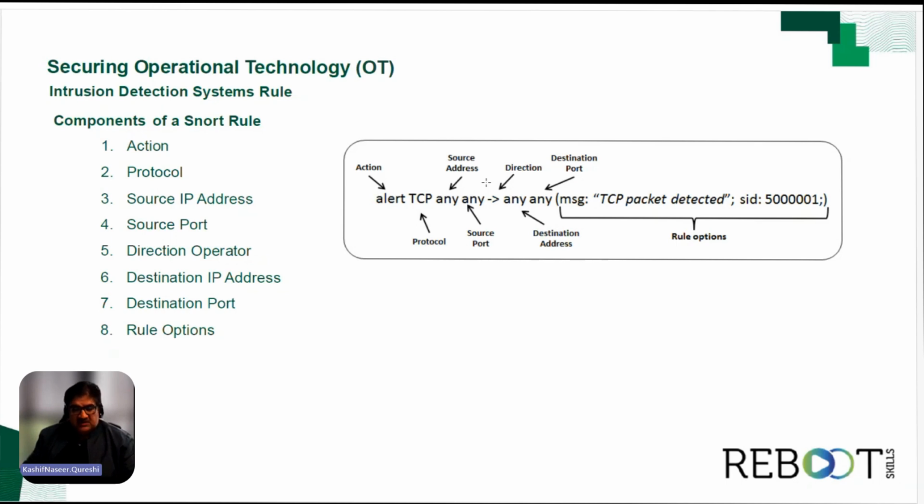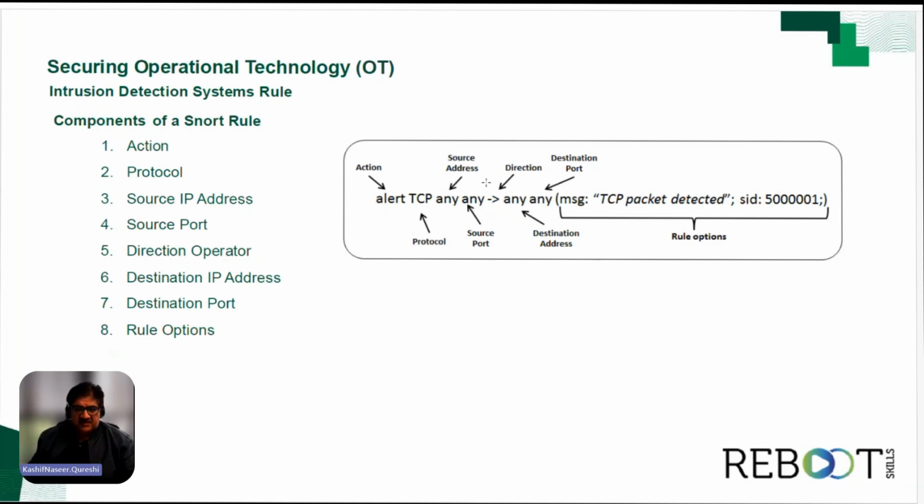Local rules are written by the administrator in any organization to meet the specific requirements of their OT networks or IT networks, and they can adjust or update these rules quickly in response to new threats or changes in the network.